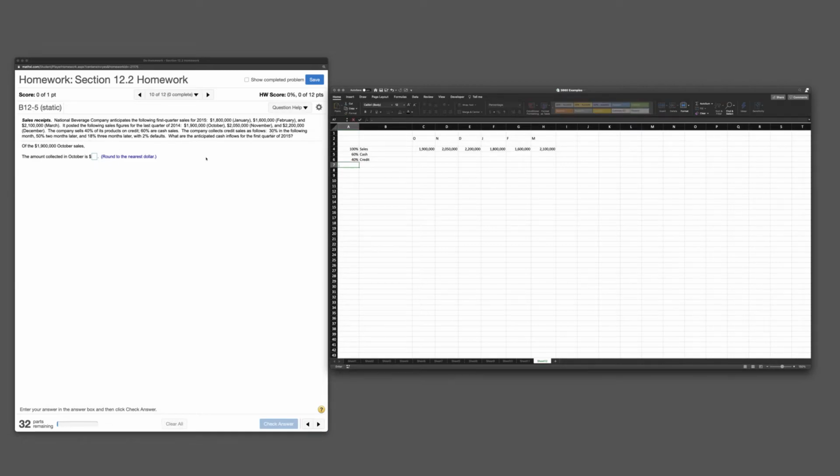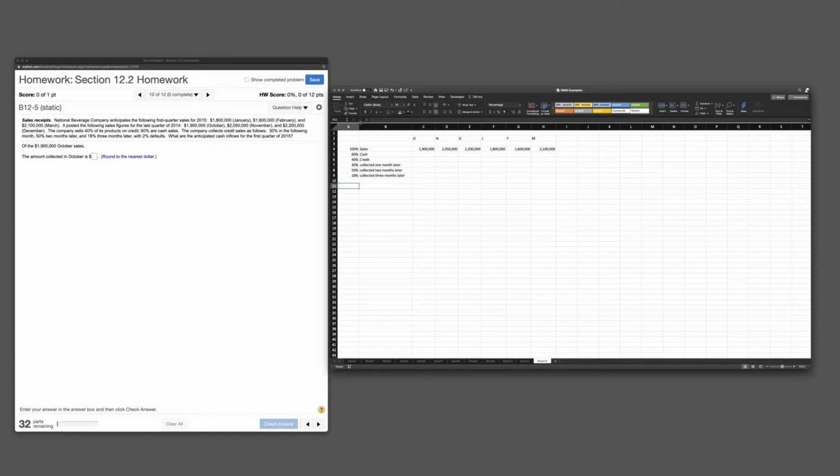So basically 30% of that credit will be collected 1 month later. Then 2 months later, we have 50%, and finally 18% of that credit will be collected in 3 months. So that's important to note.